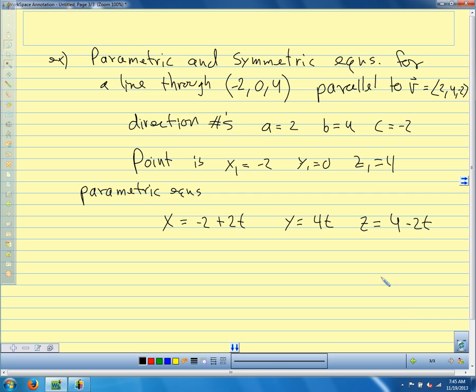So there's our parametric equations. These numbers that aren't involved with the parameter are our point that we know is on the line, and we're multiplying the direction vector by our parameter. So there's our parametric equations. For our symmetric equations, we solve each equation for t.